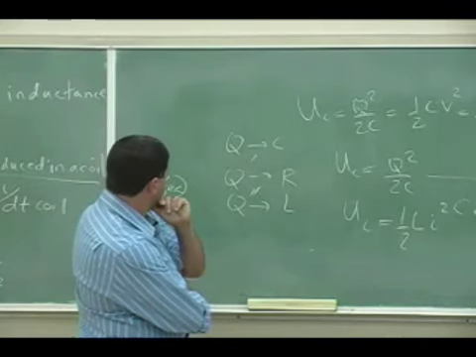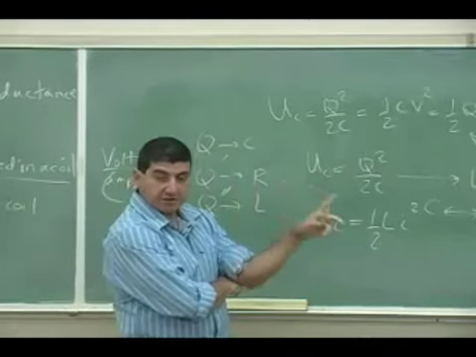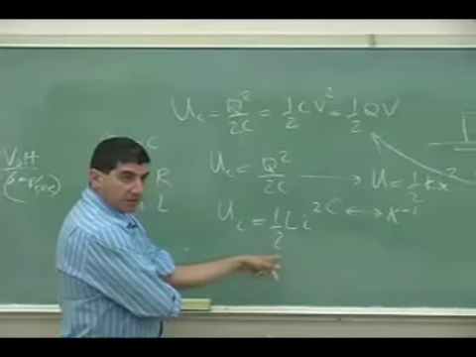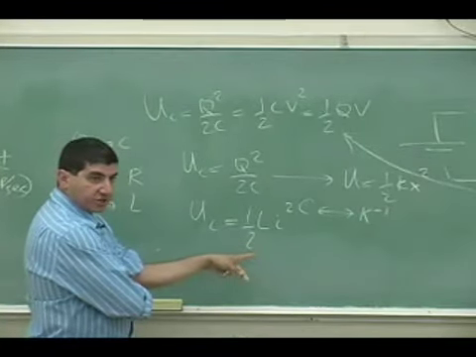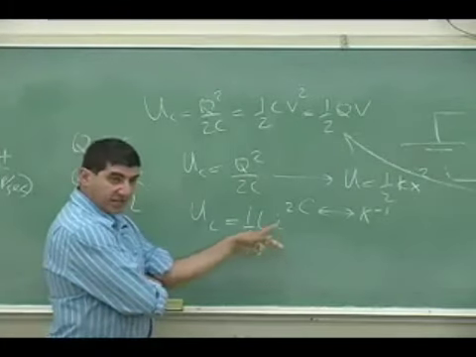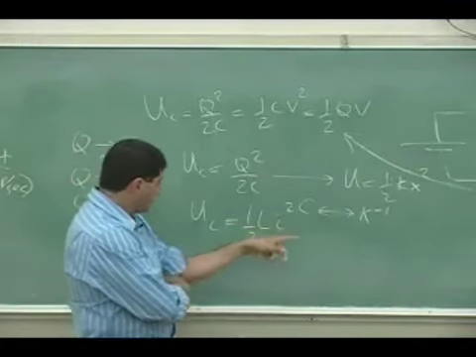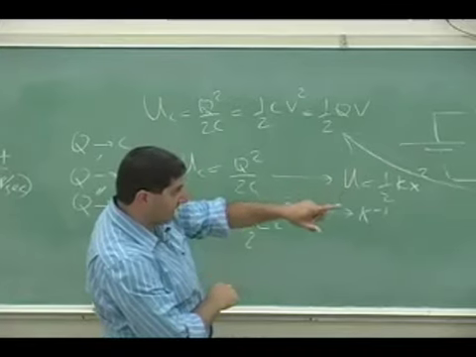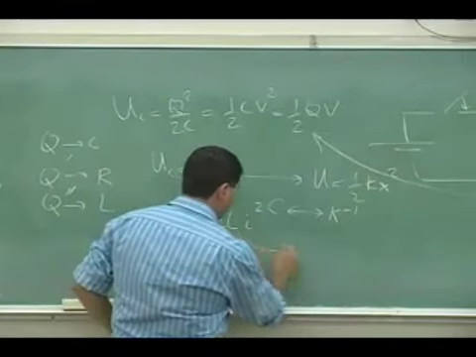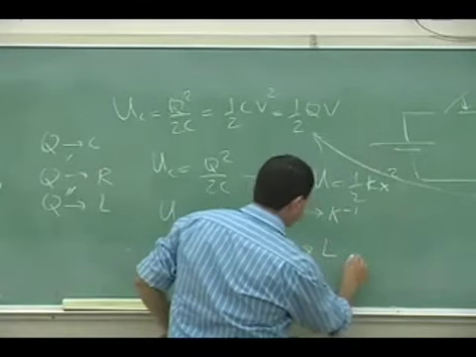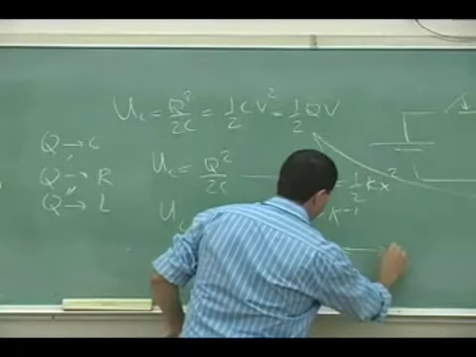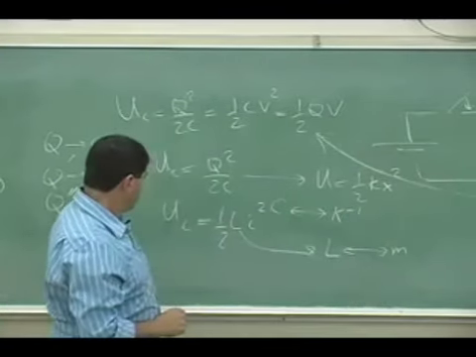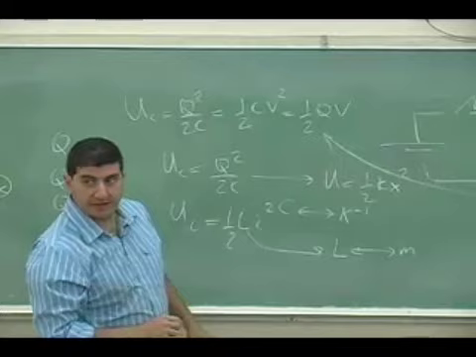The potential energy stored in the inductor is half Li squared. The L takes the place of the mass. And the I takes the place of the V.